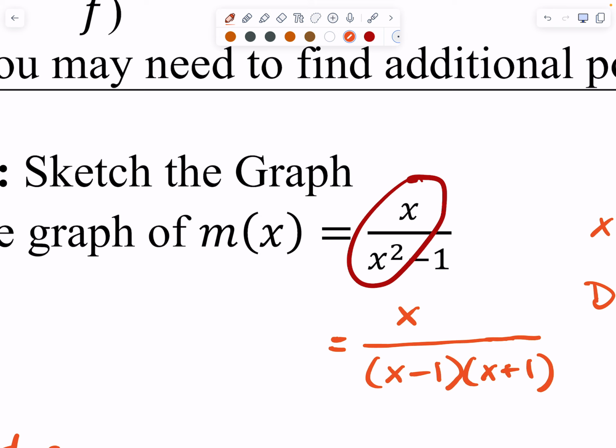So if we did the analysis for 1 over x, first of all, that's a parent function we're familiar with. But if you were thinking about plugging values in, as x approaches positive or negative infinity, 1 over x is approaching 0. So when, as x approaches positive or negative infinity, the y values are approaching a number, then we say there's a horizontal asymptote at y equals that number.